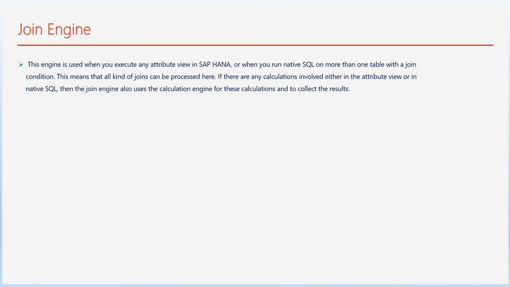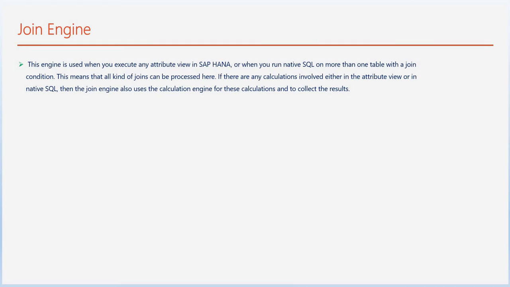First I'll be talking about the join engine. This engine is used when you execute any attribute view in SAP HANA or when you run any native SQL which has more than one table and a join condition. This means that all kinds of joins can be processed here.